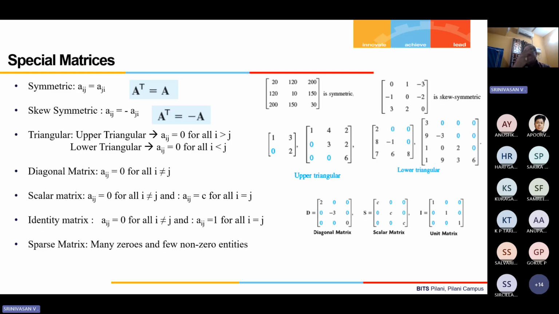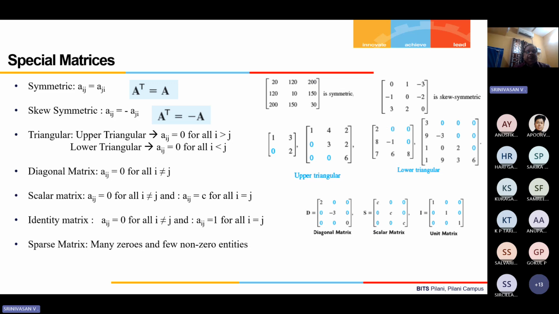Special matrices, we are going to start now. Apart from your unit matrix and zero matrix, we have some more special matrices. Remember, all of them are square matrices. Symmetric matrix: you will call a matrix A symmetric if it is equal to its transpose. That is, rows and columns have the same elements.